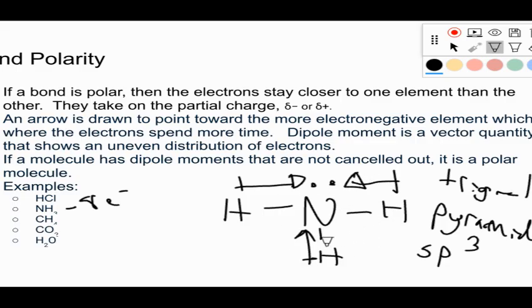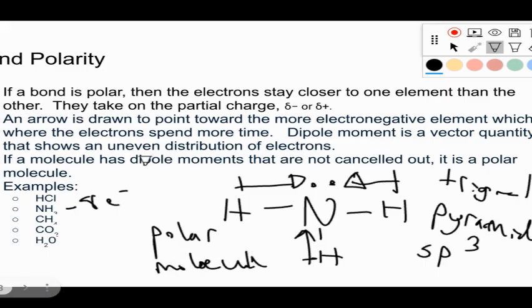These are polar bonds, and there is an unequal pull to the center of this atom. So they are all pulling the electrons toward itself. These are all polar bonds, so this is going to be a polar molecule.